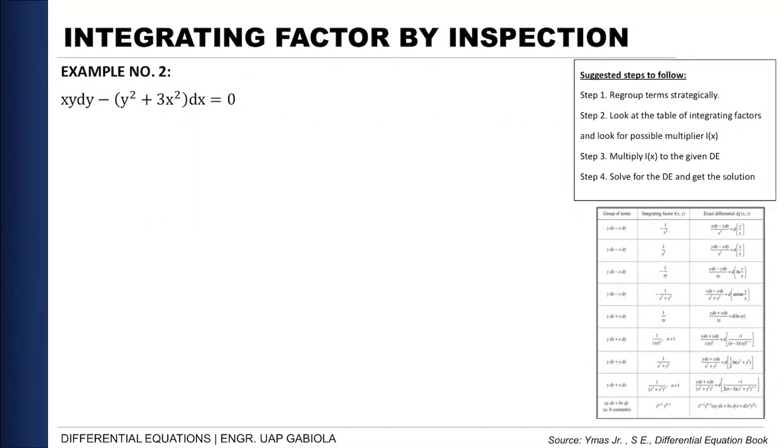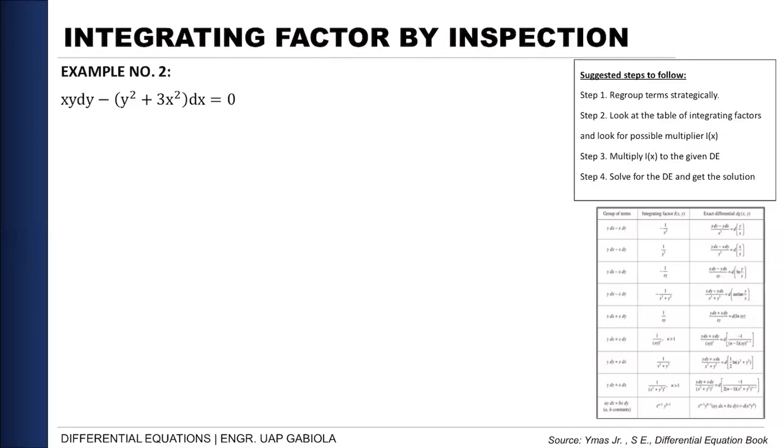So to utilize yung by inspection na method, you need a good knowledge sa differential and integral calculus para ma-decide mo yung correct integrating factor to make your solution easier or shorter than the intended solution prescribed by the table dito sa page natin.